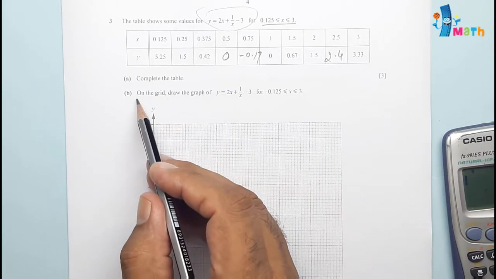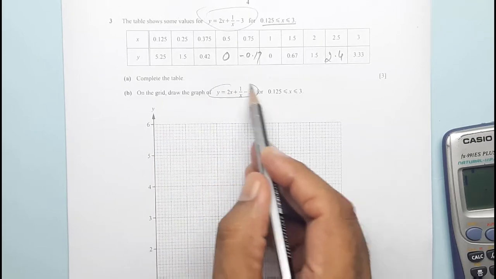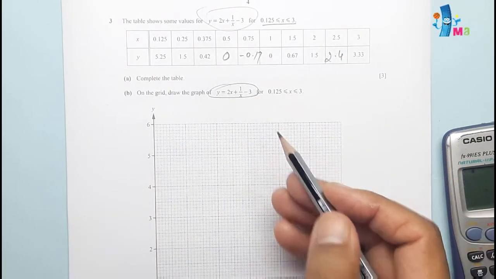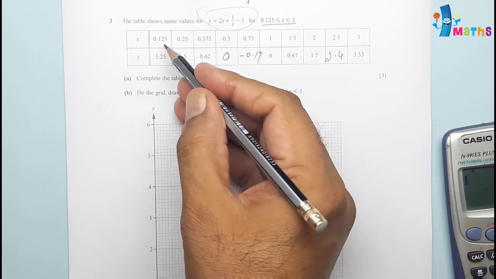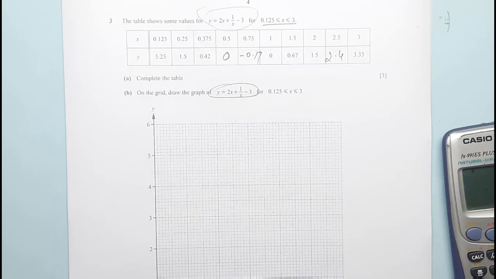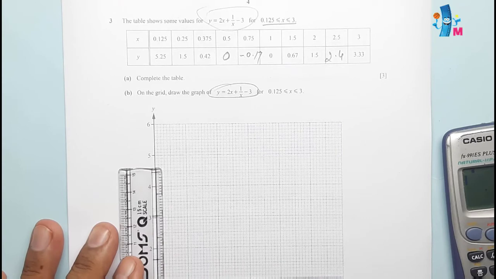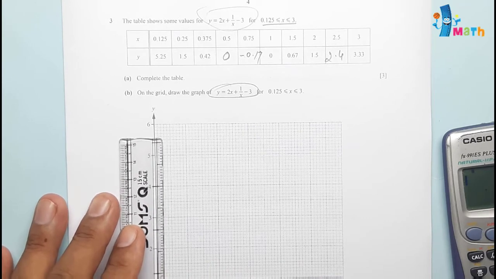Next, part B: on the grid, draw the graph of this equation. We have to plot these points. First is 0.125 as the x value, then 0.25 will be this value, and 0.125 will be half of this. The y value is 5.25.